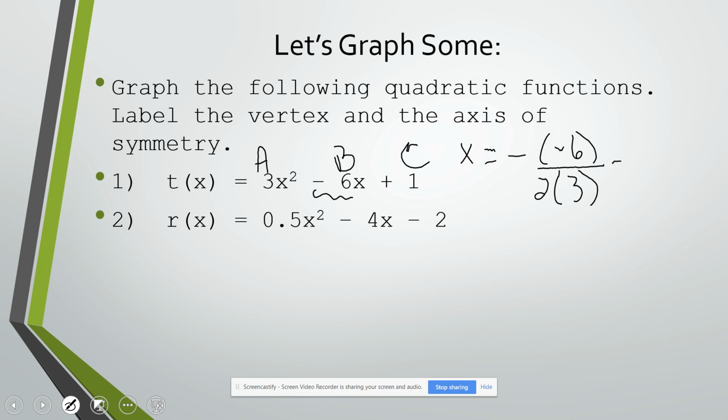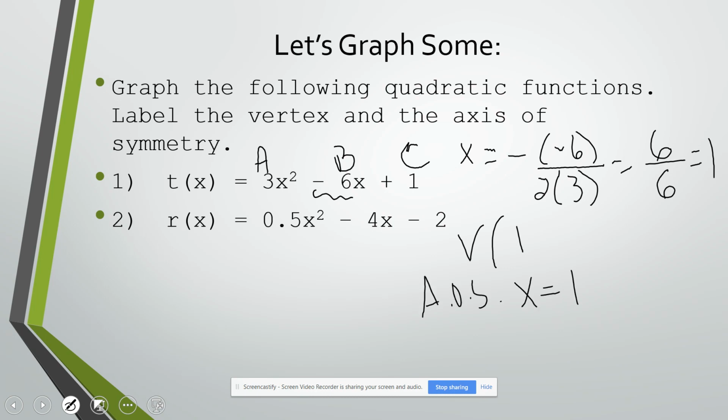A -6 is a +6. 2 times 3 is +6. And 6 over 6 is 1. So the x value of our vertex is 1. And our axis of symmetry is at x equals 1.